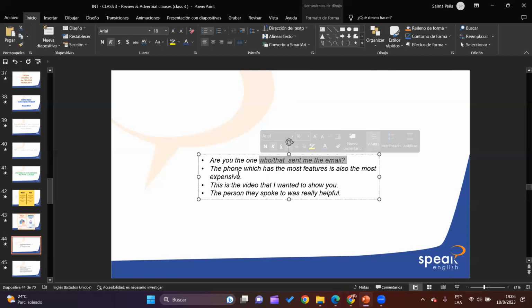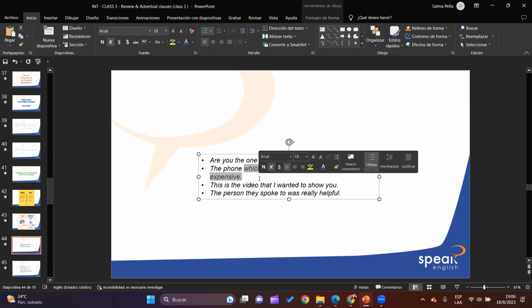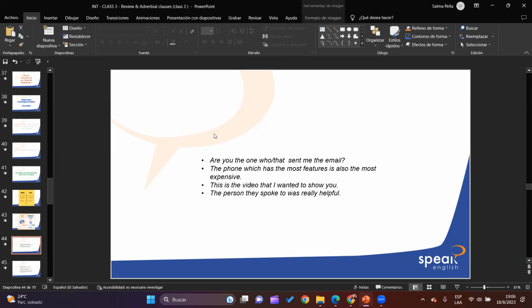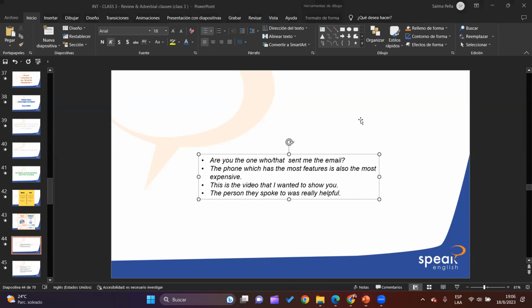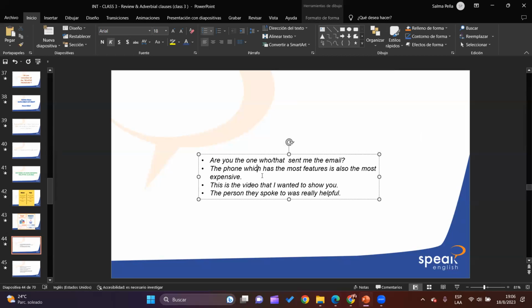Then we have the phone which has the most features is also the most expensive. In this case, we cannot eliminate it because it's essential information. Sometimes we have some exceptions with which.